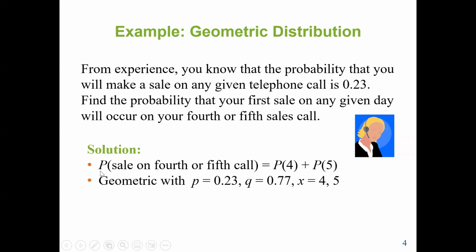So we will say, okay, the probability that the sale occurs on the fourth or fifth call will be probability of 4 plus probability of 5. Again, X is 4 and 5, which represent the number of calls, the fourth and fifth sales call. So geometric with P equal to 0.23, this means Q will be 1 minus P, which will give us 0.77. X is 4 and 5.